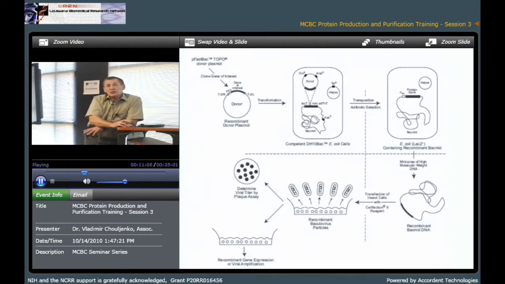Now all you have to do is pick individual colonies. One of the possible problems is mixing those colonies. In order to avoid possible mix-ups, they recommend picking individual colonies and streaking one more time to make sure you have only your recombinant construct and nothing else.